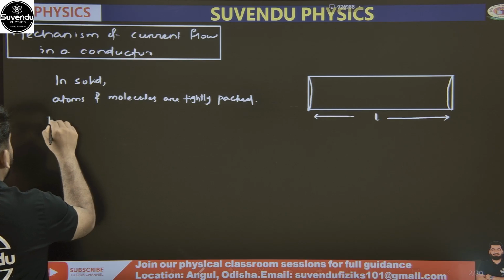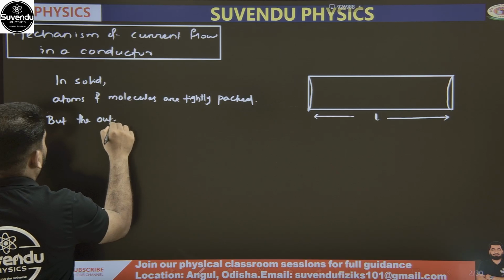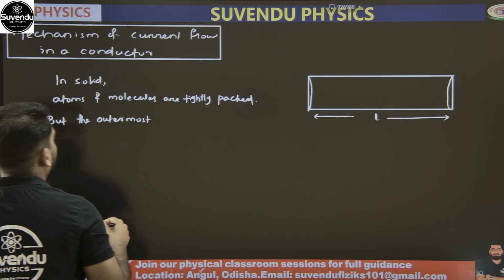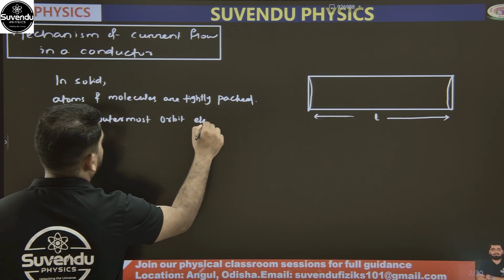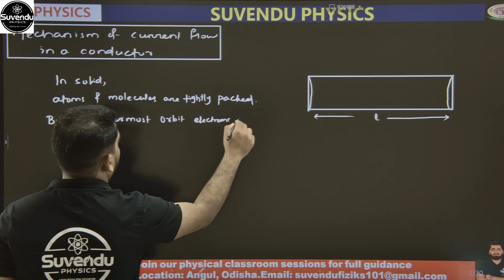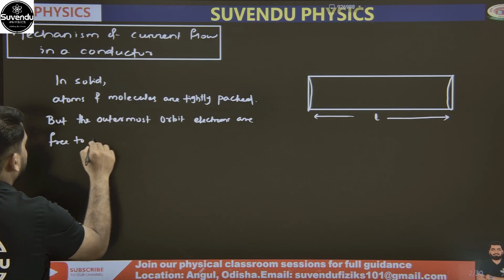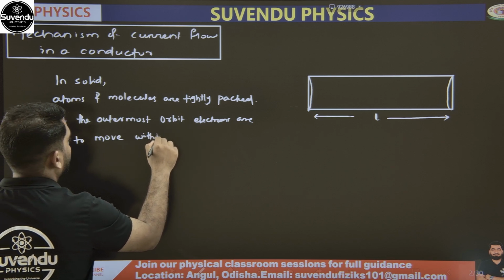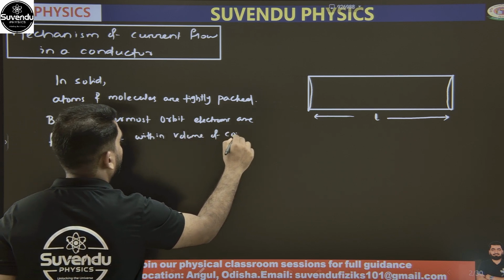The outermost orbit electrons are free to move within the volume of the conductor.